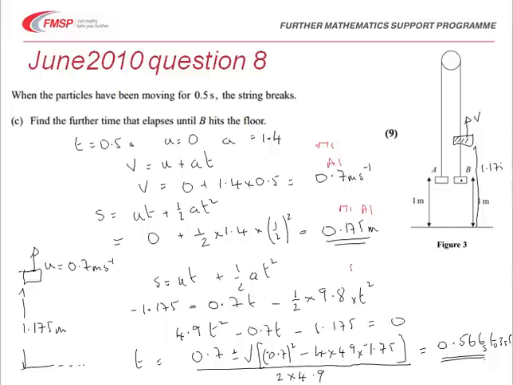So that there is a DM mark for using s equals ut plus a half at squared correctly, with an A mark, and then finally solving that, DM1 and A1 here with an answer mark at the end.